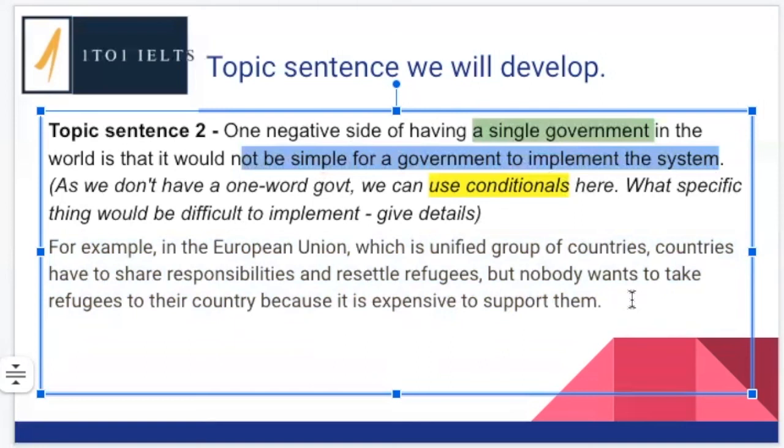Then let's have a look at, sorry, I'm rushing since we're coming to the end of the lesson. The other idea I was saying about maybe using conditionals of what will be difficult in the future.